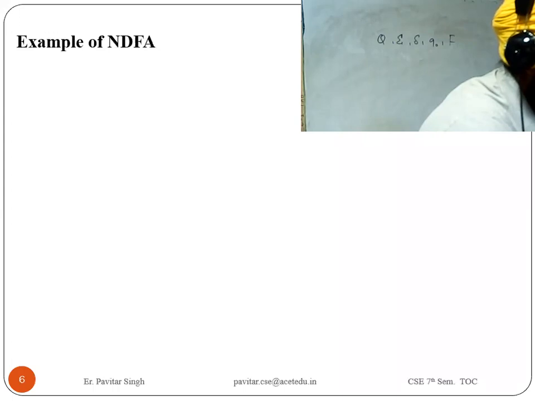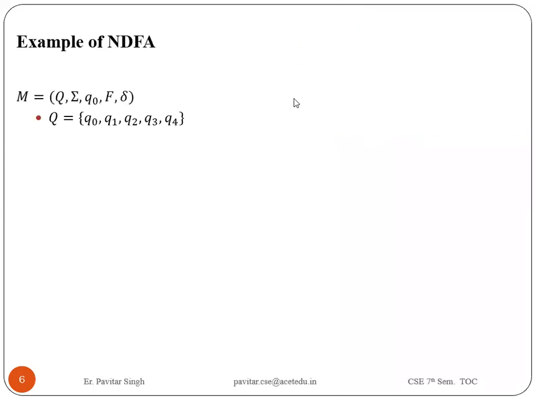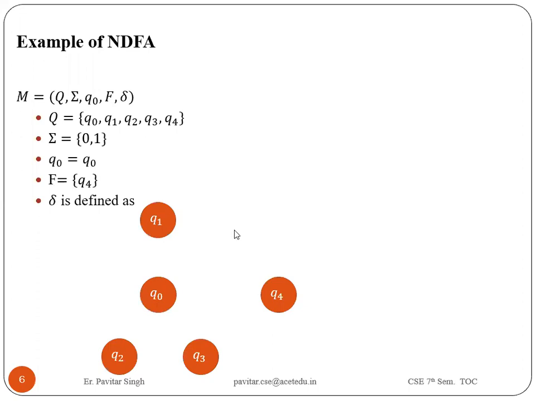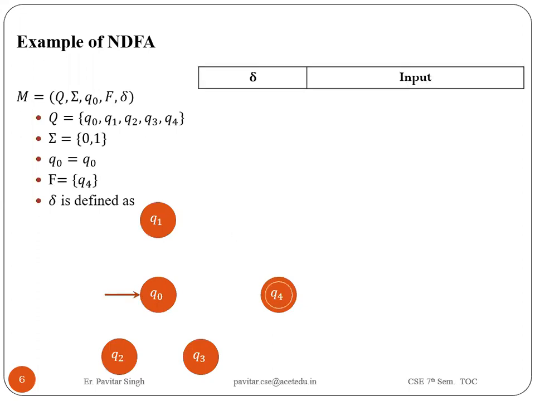So here you can see the example M. Here I have taken capital Q equals Q naught, Q1, Q2, Q3, Q4. A total of 5 states are there. Next we have inputs 0, 1. Q naught is acting as your initial state and Q4 is acting as your final state. Here delta, that is your transition function, is represented as follows, so let's make the diagram.